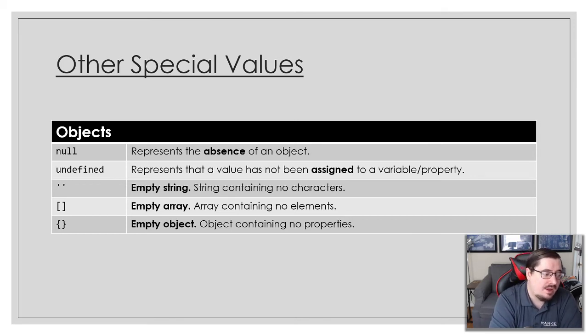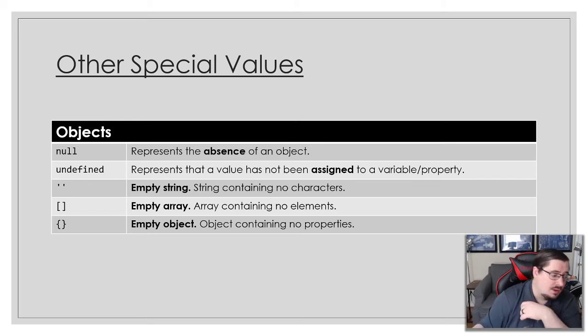Versus undefined just says we haven't assigned it a value. In general, you want to treat null and undefined as the same thing, but recognize that those are actually two different values. So null does not equal undefined. And in fact, the data type of null is object, whereas the data type of undefined is undefined. It's its own special data type.